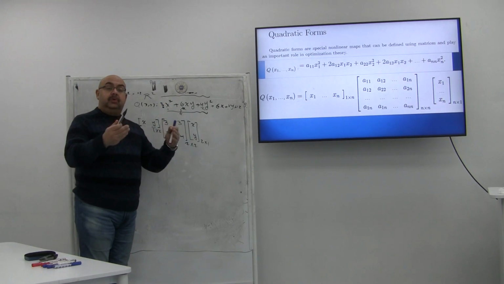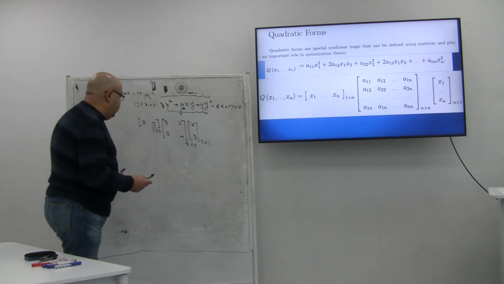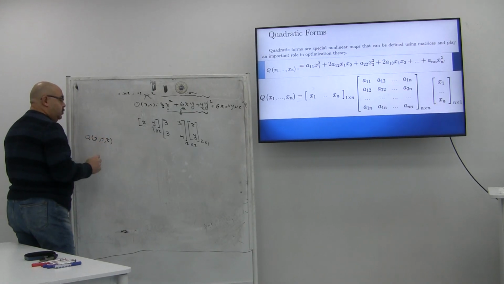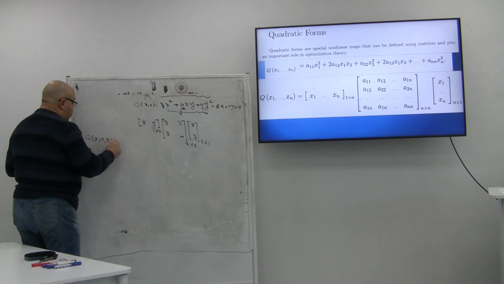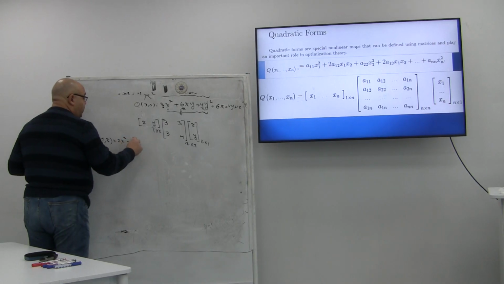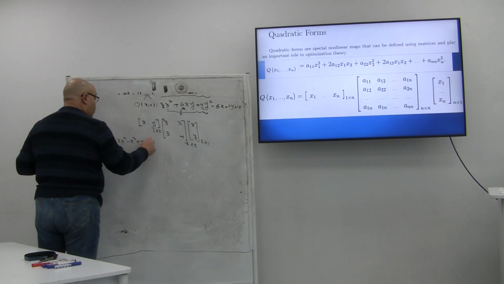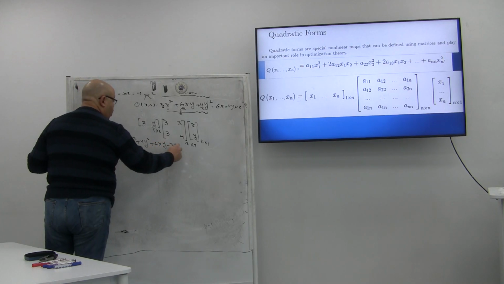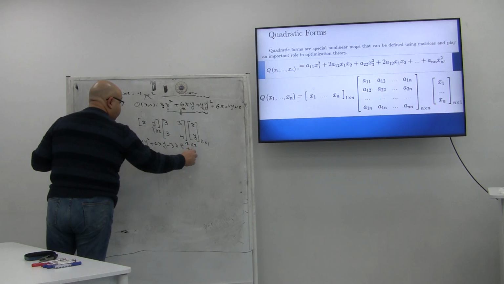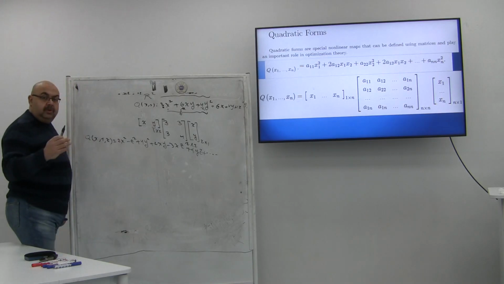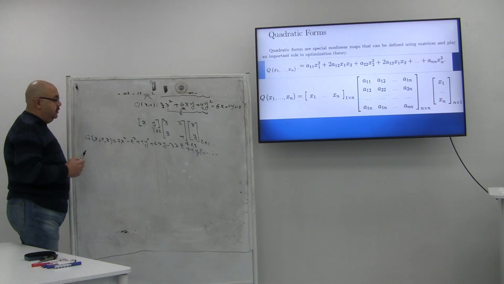Also, I can do it for larger matrices. For example, if I have Q of x, y, and z, which equals, let's say, 2x squared minus z squared plus 4y squared plus 2xy minus 3xz plus 4yz plus blah blah blah, the other terms which consist of x, y, z, and the constant number.